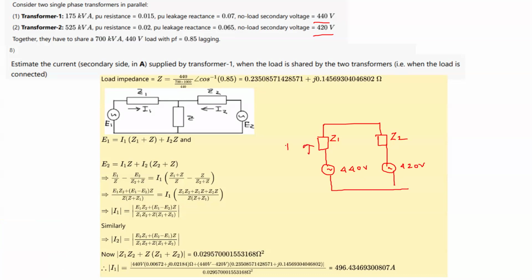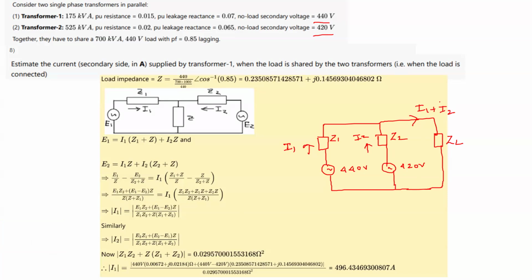This is I1, this is I2. And then here we have a load. The load is having I1 plus I2.